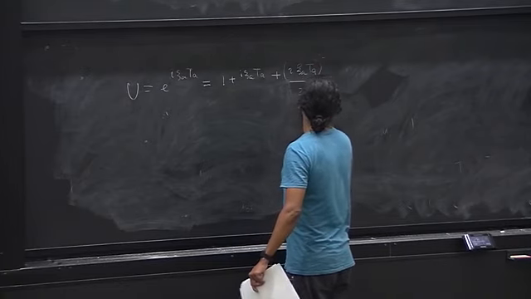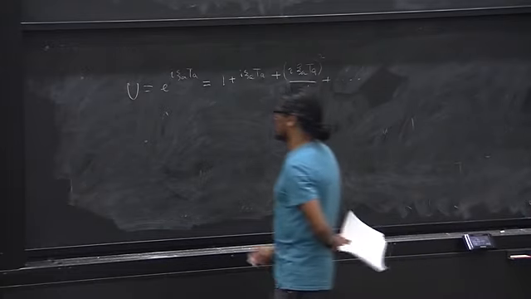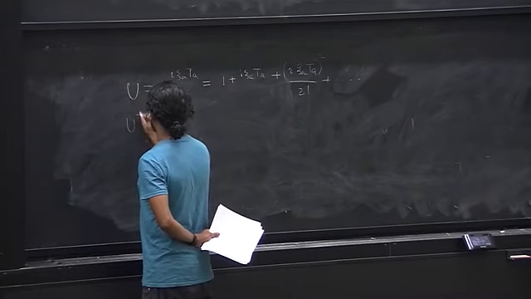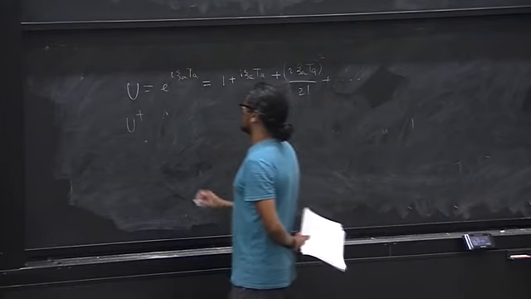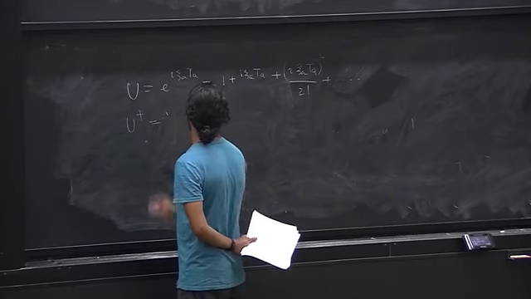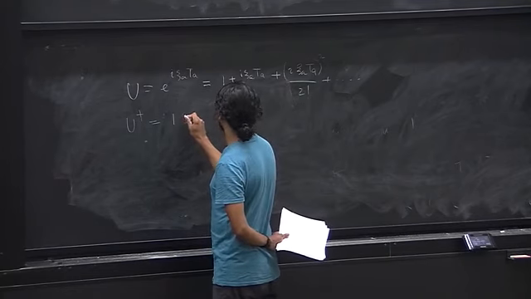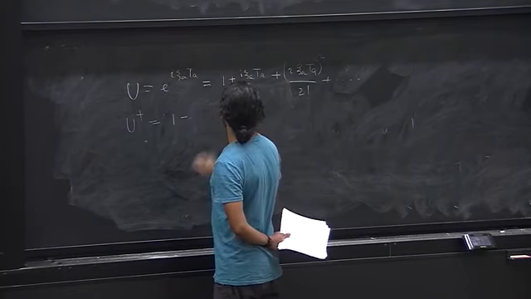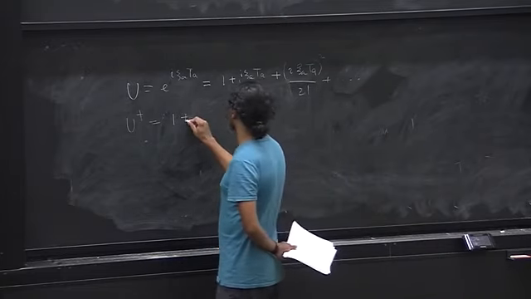Now U dagger is like that, then all the i's are going to become negative i.